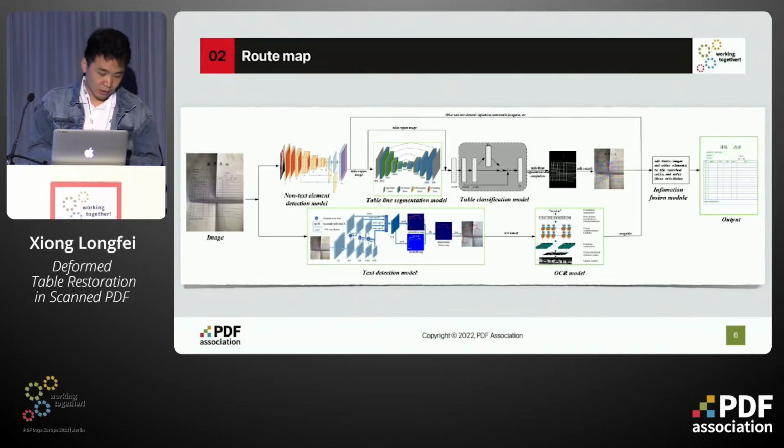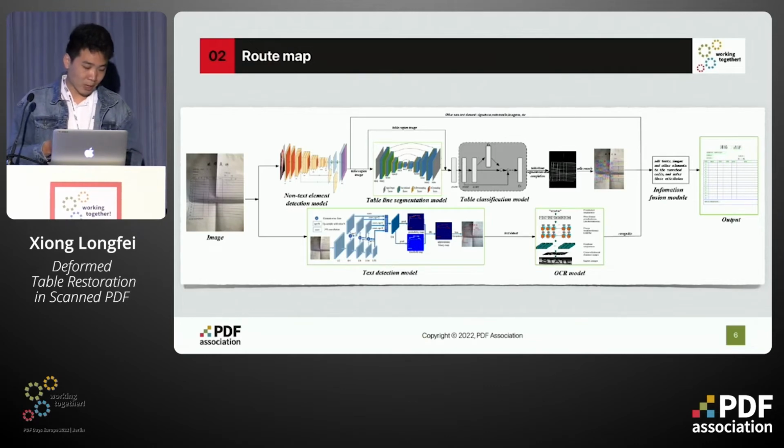And then we obtain the original table lines by the segmentation network, then divide the tables into different types and adopt different restoration strategies, which include cell search and cell relationship calculation.